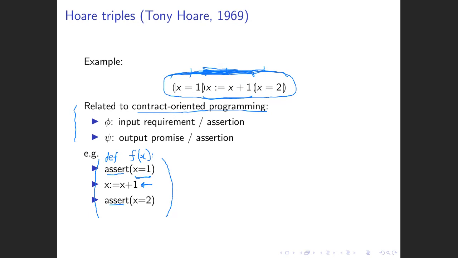So think of the precondition as an input requirement or an assertion, and think of the postcondition as a promise or an assertion sitting at the end. These assert commands are going to show up in verification systems, but they're different assert commands from the ones you've seen in dynamic analysis. In dynamic analysis, this is implemented as throwing an error at runtime if it doesn't work.